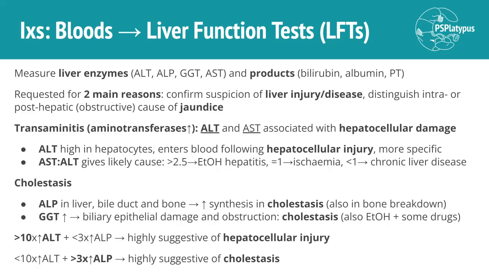They might not actually meet these specific metrics, but that's sort of how we differentiate between hepatocellular and cholestatic. 10 for ALT and 3 times for ALP, and then it's which one is above that threshold. So ALT, that transaminitis for the hepatocellular damage, and ALP for P for pancreas. Oh goodness, it's not actually related to the pancreas, but that's how we remember that it's not hepatocellular, right? It's biliary obstruction, cholestasis.